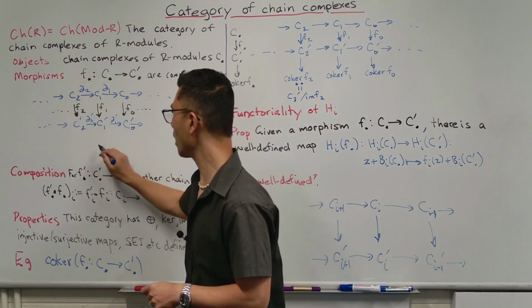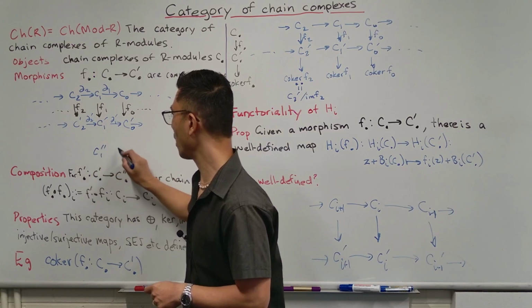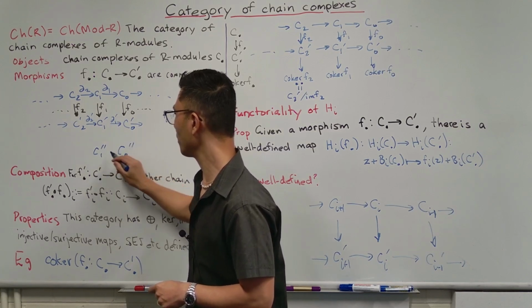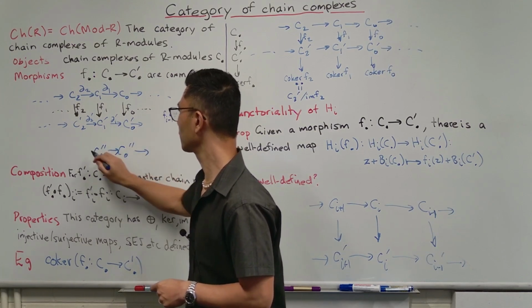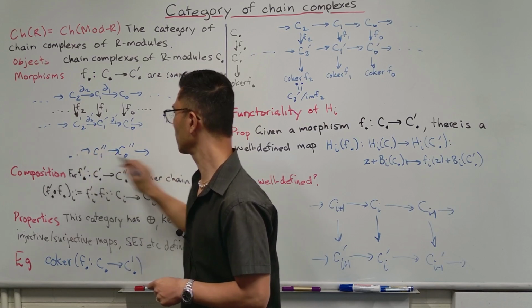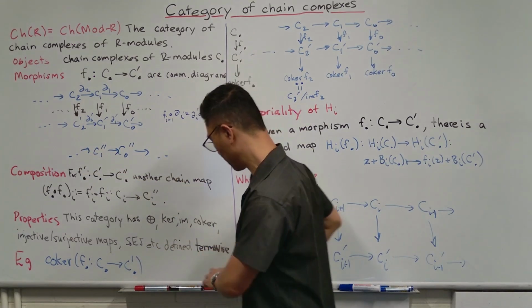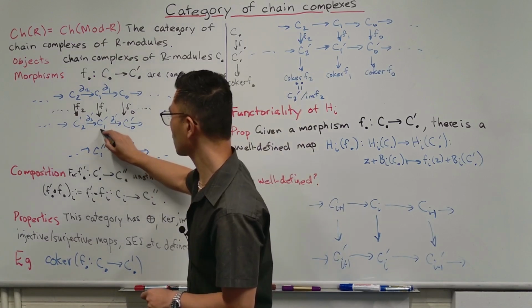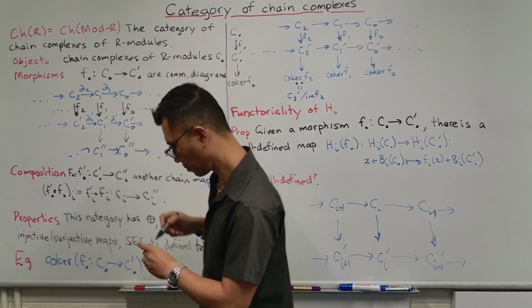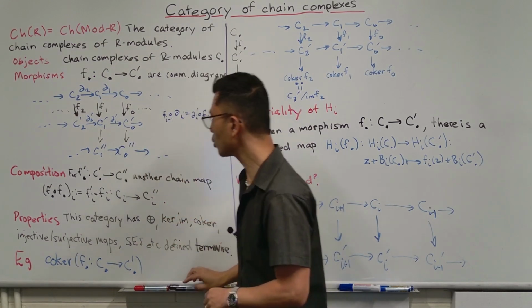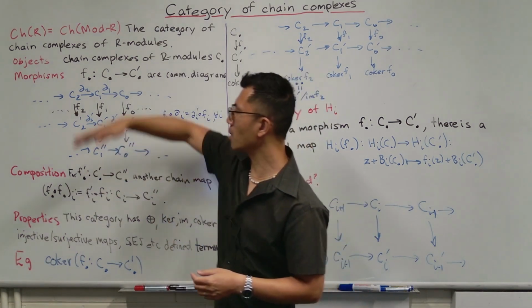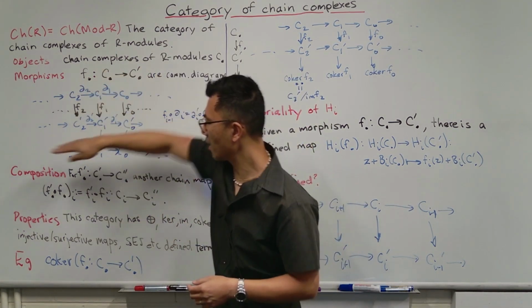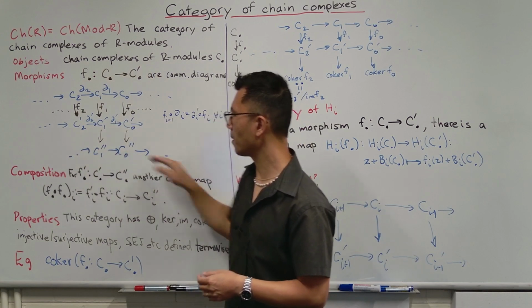Suppose now you have a C1 double prime here, C0 double prime here, and perhaps you've got this prime morphism, so you've got something like this here now. And now what you want is a composite, so you want a map from this chain complex down to this double prime complex here.